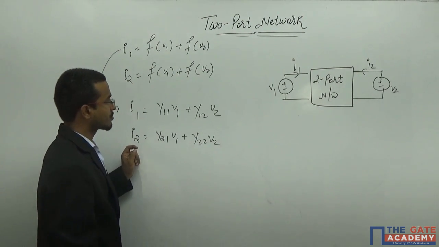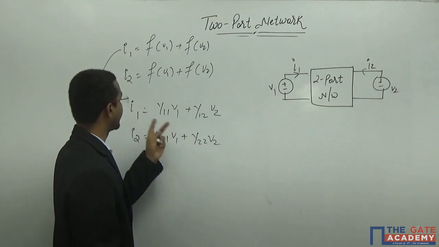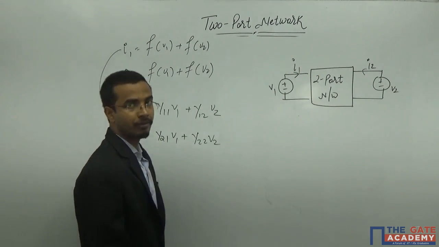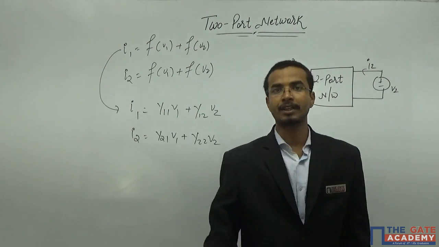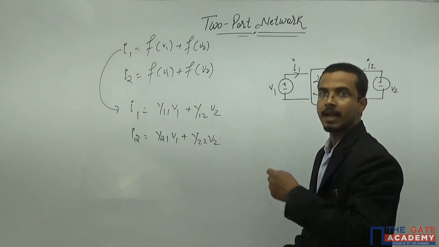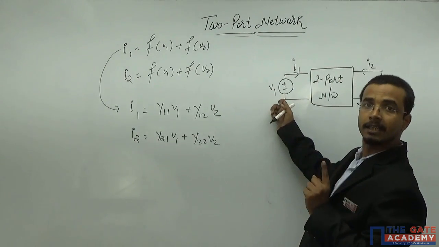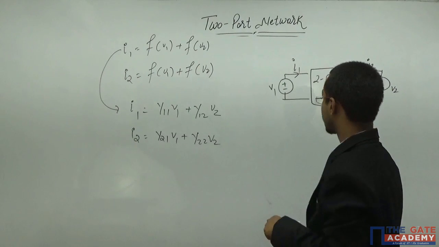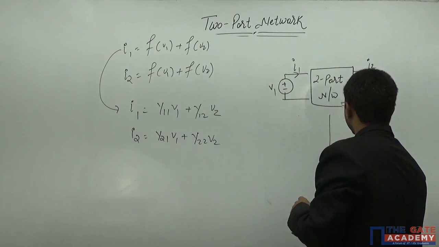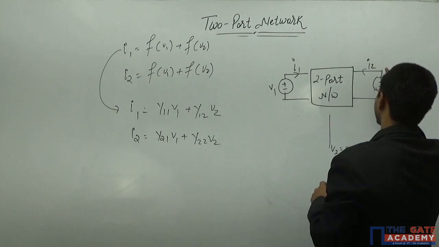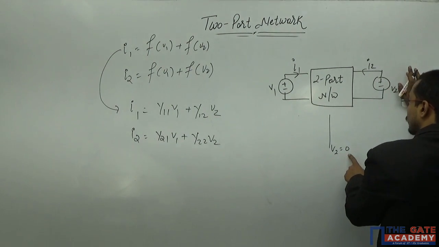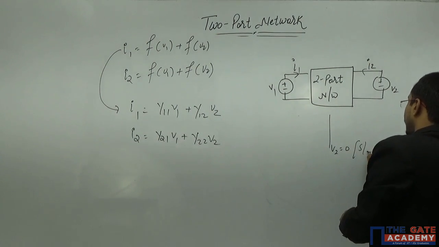Now just try to estimate all the parameters here. Yes, you have to apply the homogeneity and you will get all the parameters. Homogeneity tells us that only one source will act at a time and you will remove the other. First you remove the second, V2 is equal to 0. That means I am removing this. V2 equal to 0 means you are applying a short circuit here.